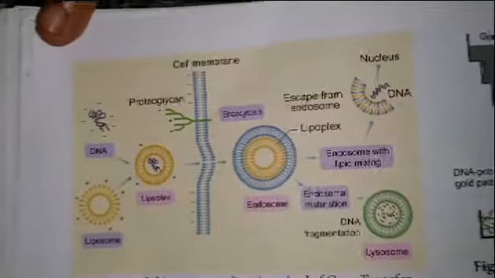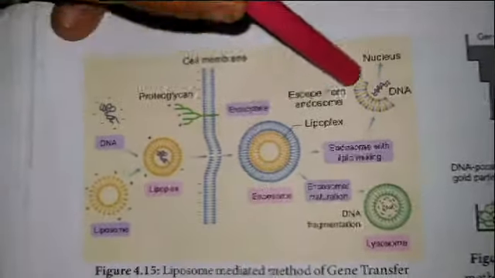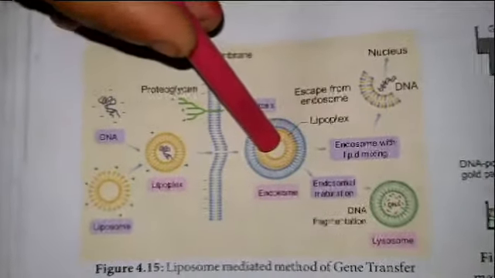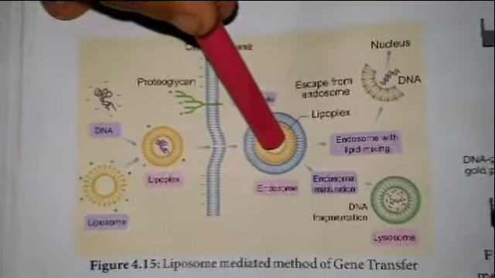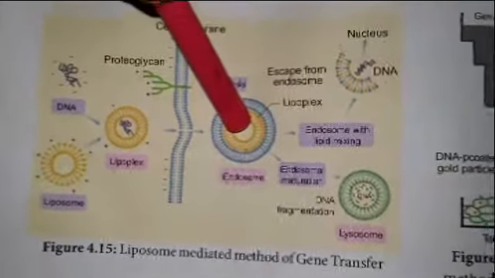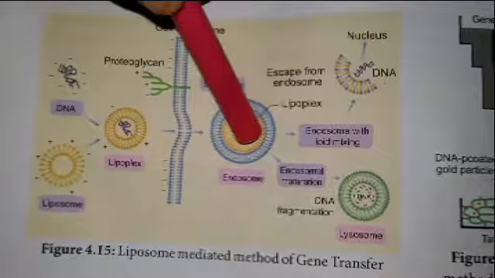The technique is advantageous because the liposomes protect the introduced DNA. Inside the lipid layer of the liposome, the foreign DNA is present, so it is protected from damage by the acidic pH and protease enzymes present in the vacuoles.